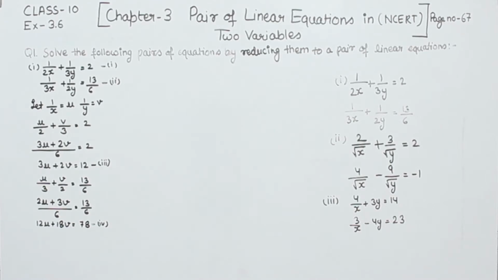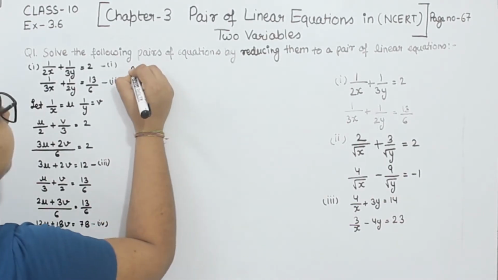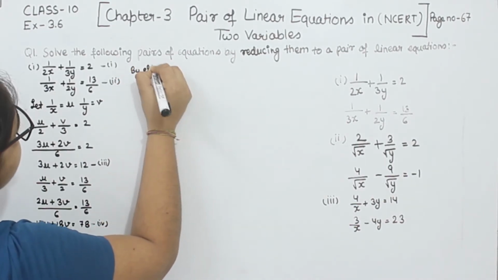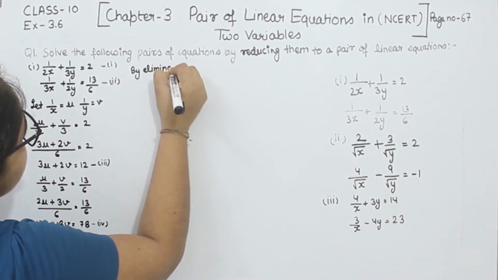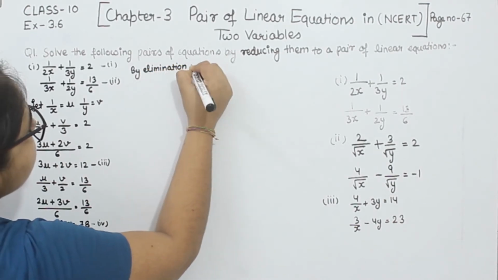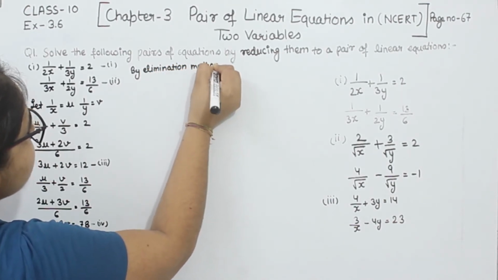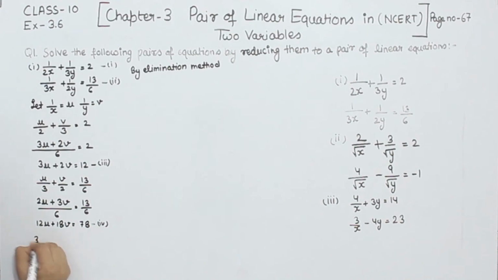Now we have to solve this one. I am going to solve this one by the elimination method. Now the equations we are having are 3u plus 2v is equal to 12 and 12u plus 18v is equal to 78.